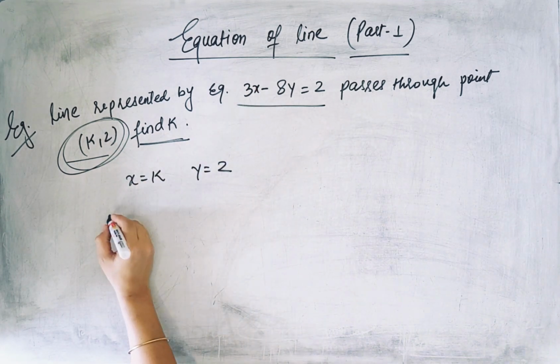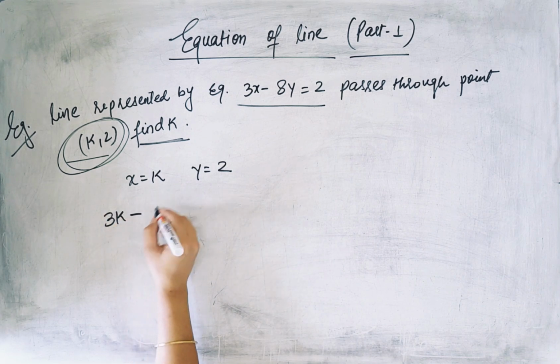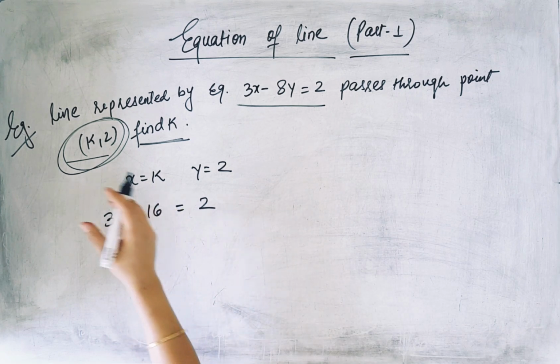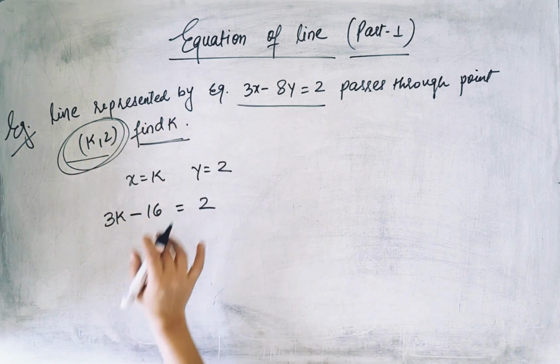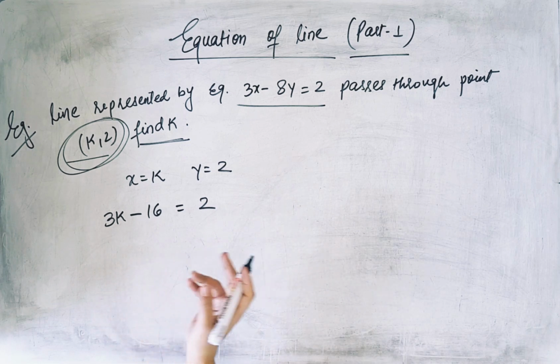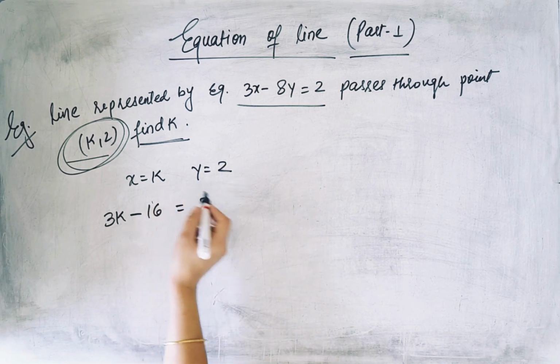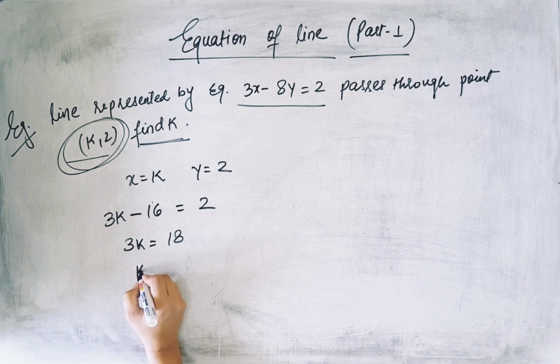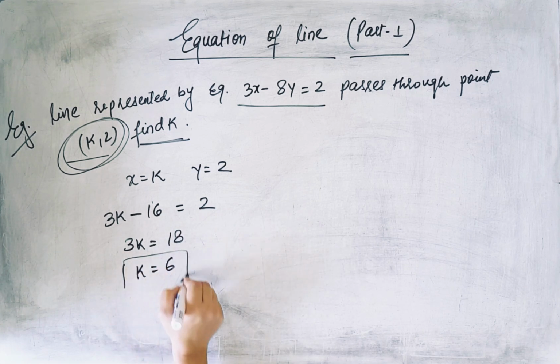We'll put that in. So 3k minus 8 into 2, which is 16, equals 2. Since they have already told that this point lies on this line, LHS will be equal to RHS only. So we'll shift 16 to that side. We'll get 3k equals 18. Thus k is equal to 6.